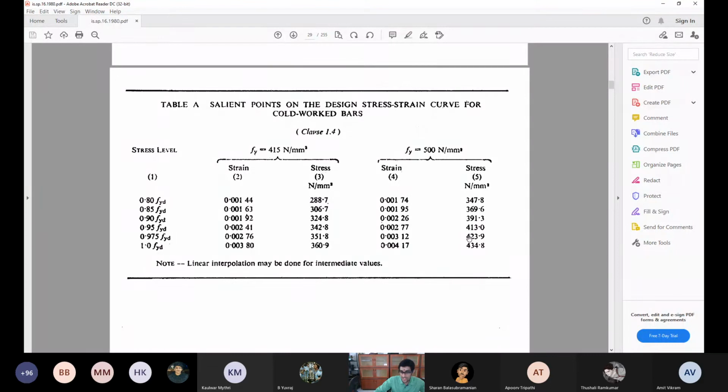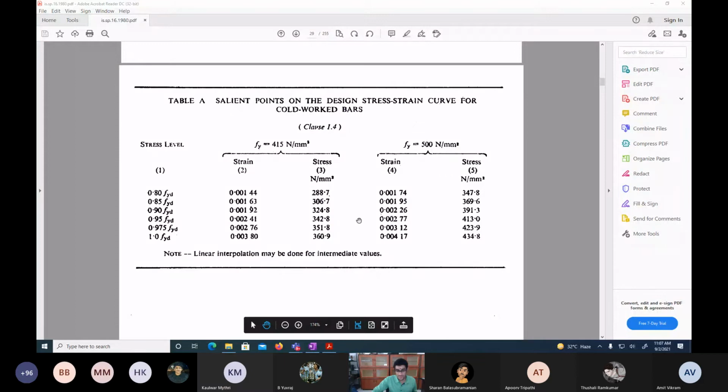Between these two, you'll have to interpolate and find out what the stress is. Let me just share screen itself.